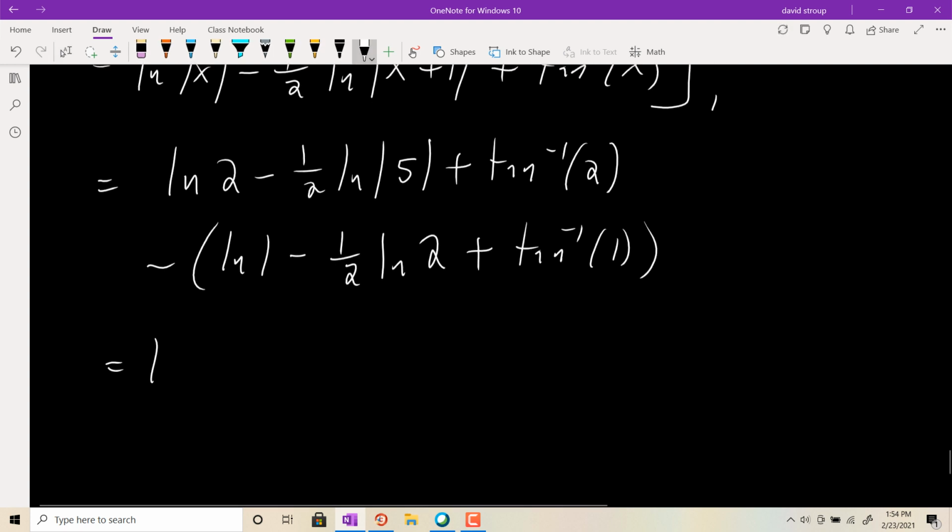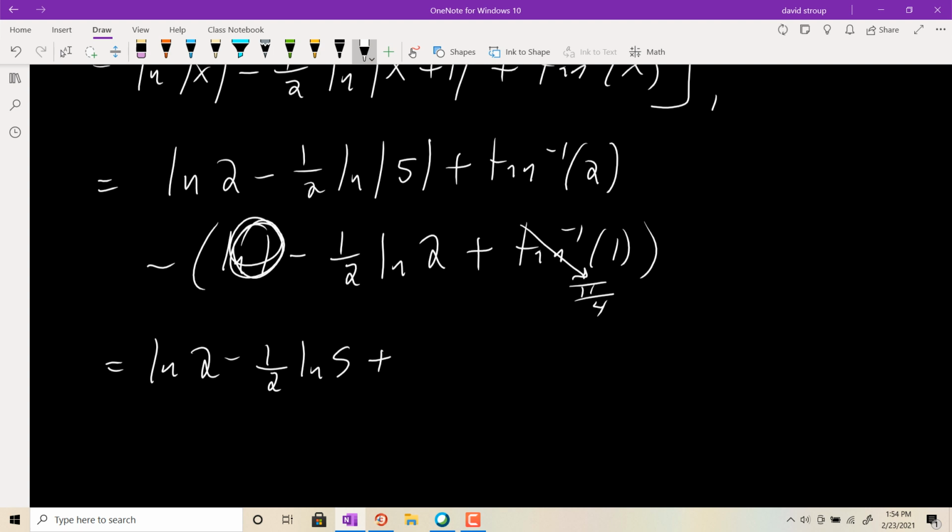Okay, so I have ln of 2 minus 1/2 ln 5. This is a big 0. This thing is pi over 4. And so, what do we get? Plus tan inverse of 2 minus 1/2 ln of 2 plus pi over 4.